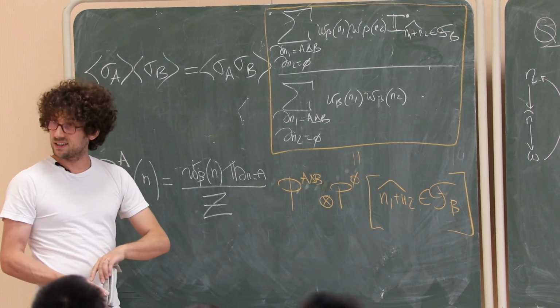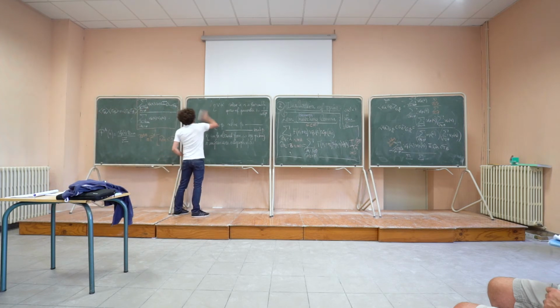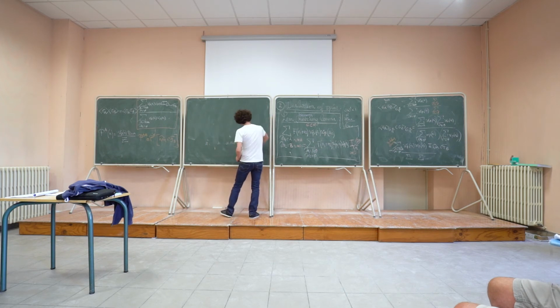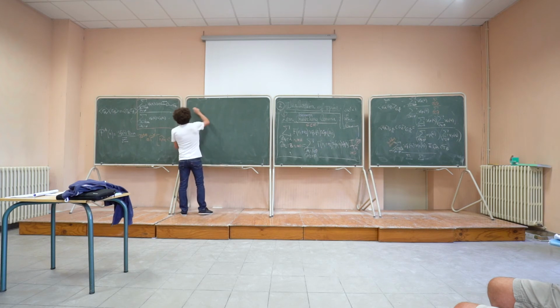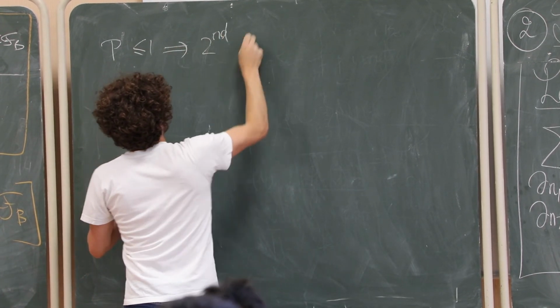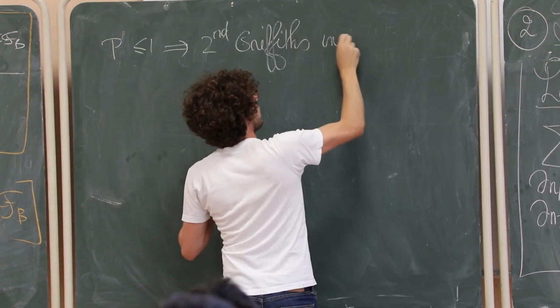And what does it tell me? It gives me the second Griffiths inequality: probability smaller than 1 gives the second Griffiths inequality.